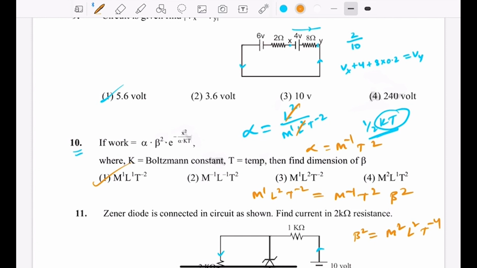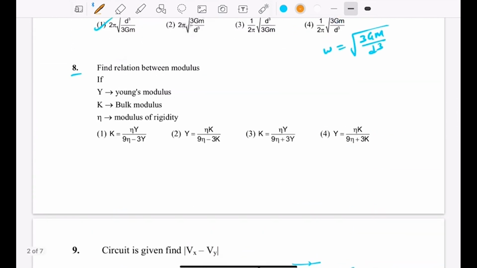Here I have, so this relation here, what is this? I think this is the relation. I'm not sure about this relation. 3 by y equals to 1 by eta plus 1 by 3k. I guess this is the relation.